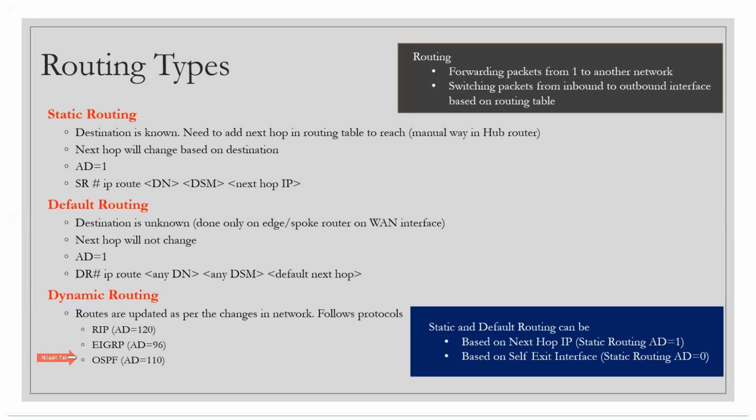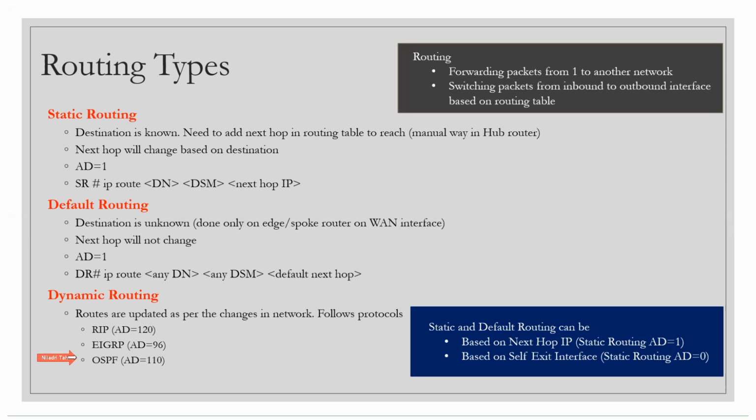And OSPF stands for Open Shortest Path First, where the AD is 110. Now for your CCNA 200-301 syllabus, RIP and EIGRP are excluded. You only have OSPF. And for OSPF, we are going to do a broad, deeper lesson with a couple of labs to show you how exactly it works.